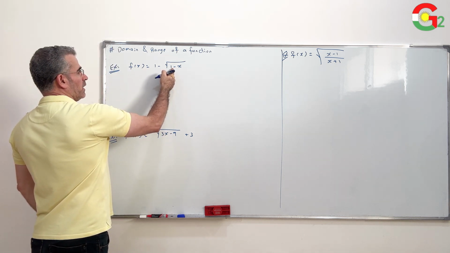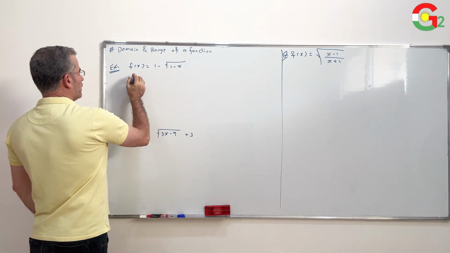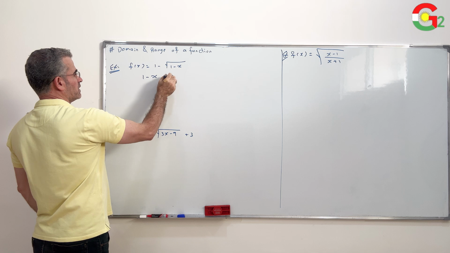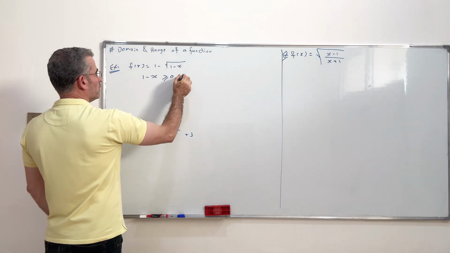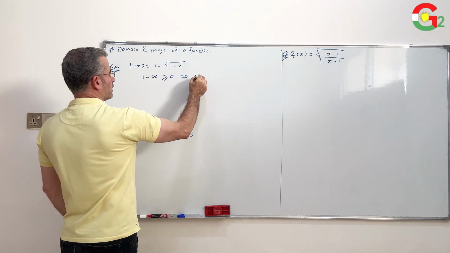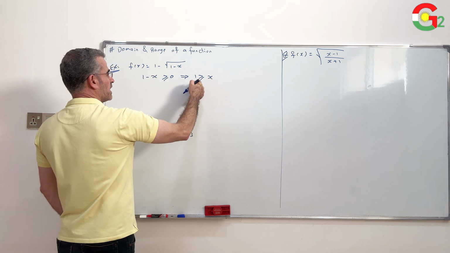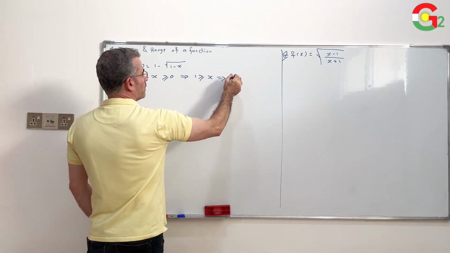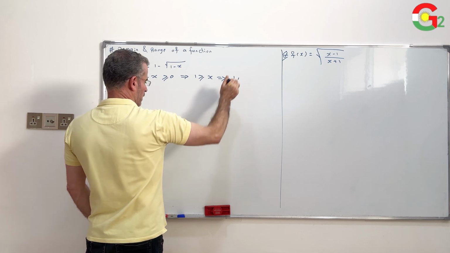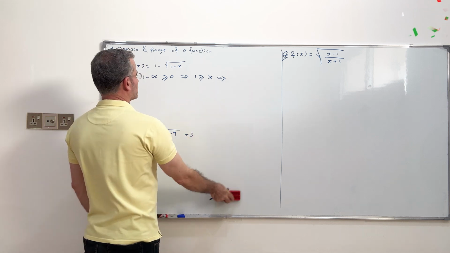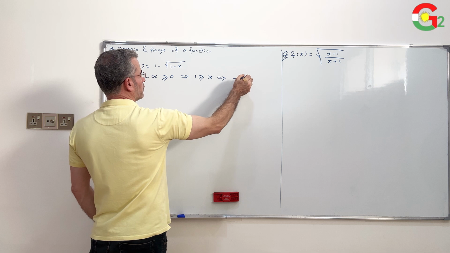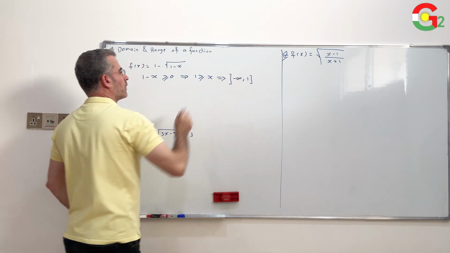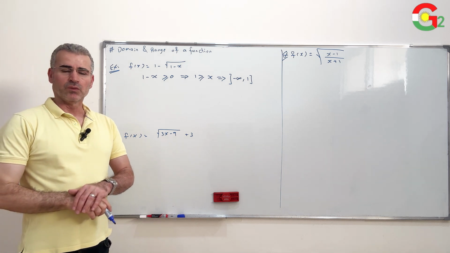For the domain, I'll follow the same steps. 1 minus x, set it greater than or equal to 0, solve for x: 1 greater than or equal to x, or x less than or equal to 1, then the domain is negative infinity to 1.